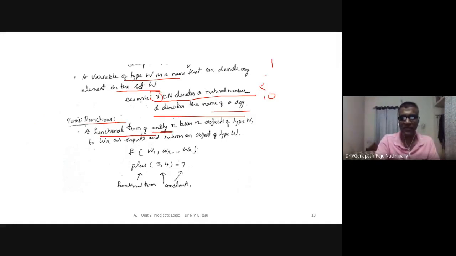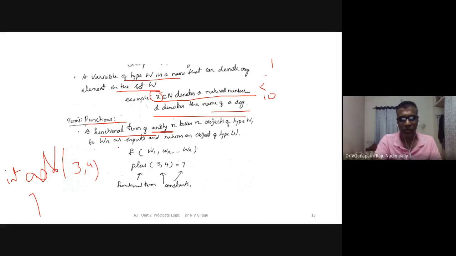Arity is nothing but arguments. Every function has some number of arguments, and every function will return a value. For example, if I want to add two numbers, add of 3, 4, I am going to return an integer.